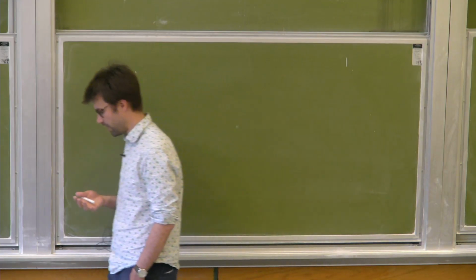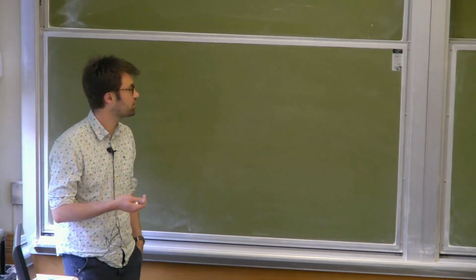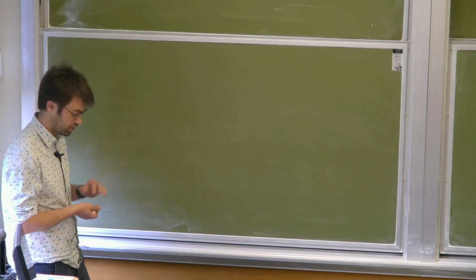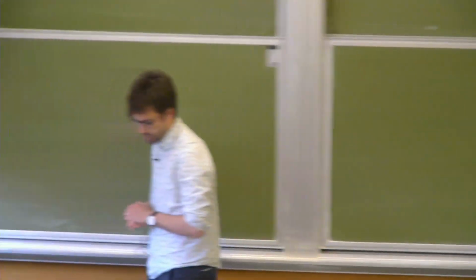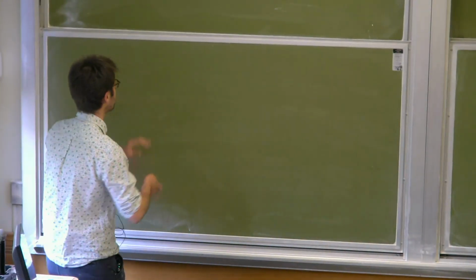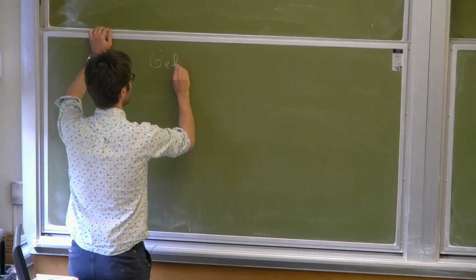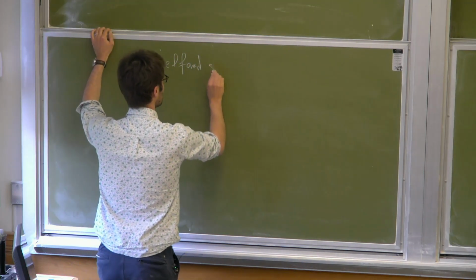Then I will try to explain why this geometric framework is not good enough for the kind of constructions that we want to achieve, and why we needed to use a more refined setup. That is the goal for today. This more refined setup, which is the title for today, is a series of Gelfand stacks.